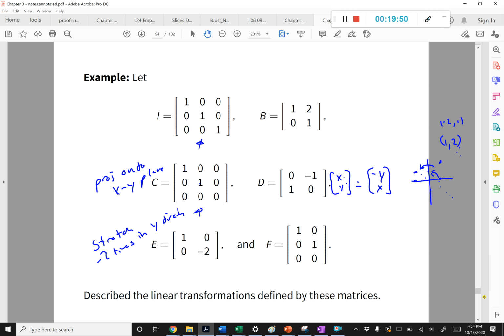This does a shear. So if I think of the point 1, 0, I still end up with my x-coordinate being 1, but my y-coordinate is 0.